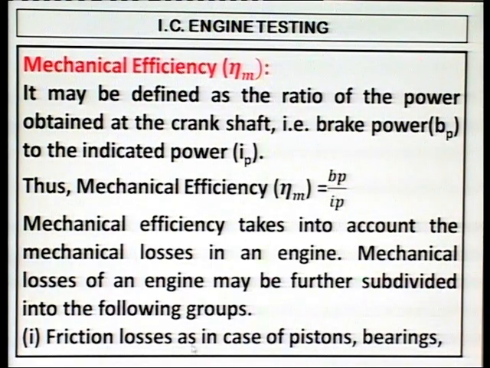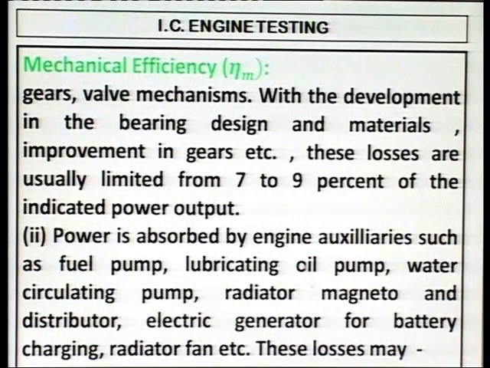First, friction losses, as in case of pistons, bearings, gears, valve mechanisms. With the development in the bearing design and materials, the improvement in gears etc., these losses are usually limited from 7 to 9% of the indicated power output.